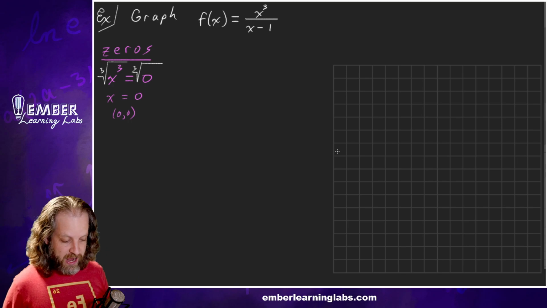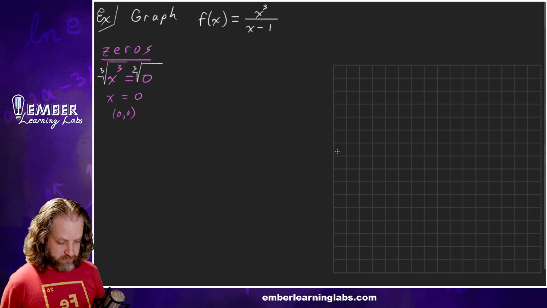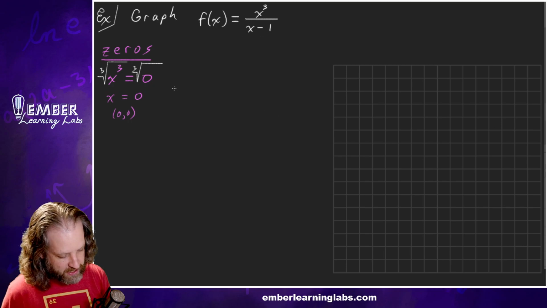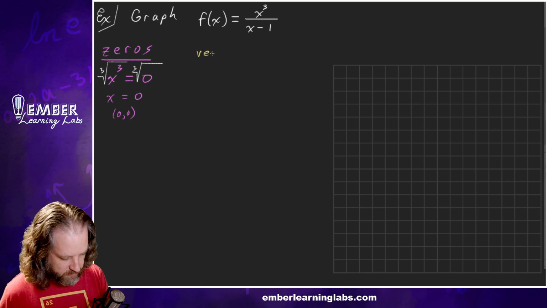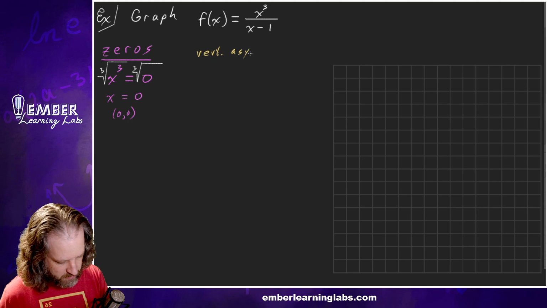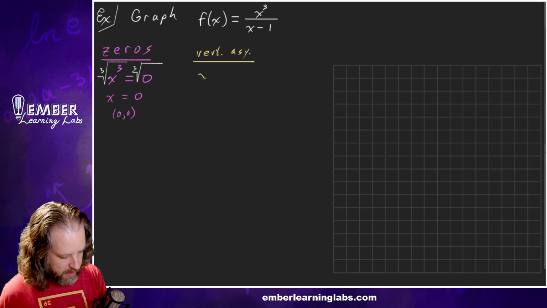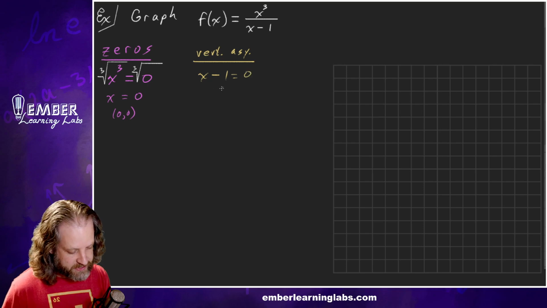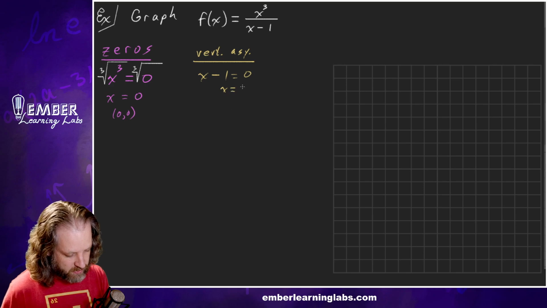Now let's see what kind of asymptotes it has. Let's start out with vertical asymptotes. All we have to do is set the denominator equal to 0. So x minus 1 equals 0, and then we add 1 to both sides, and we end up with x equals 1.